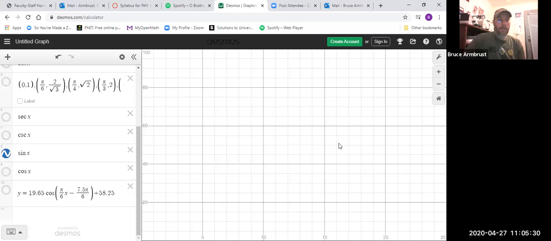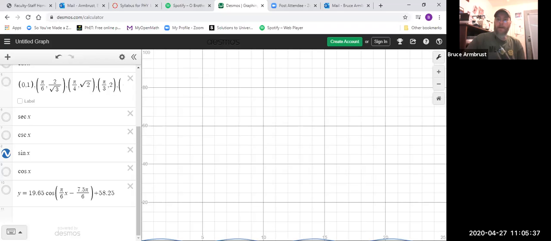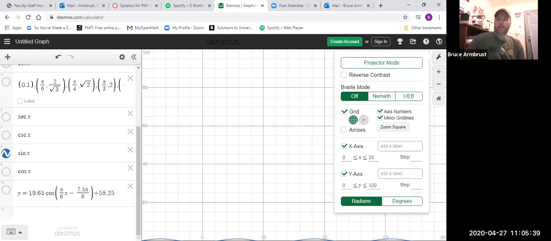You should be able to see my screen. Let me set this so we can see it a bit better, because right now it's a little wonky.